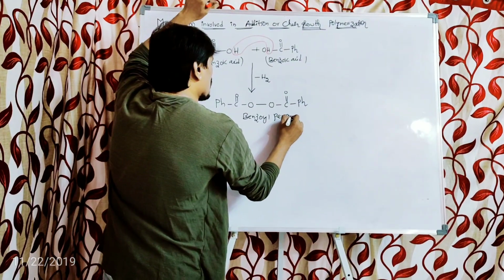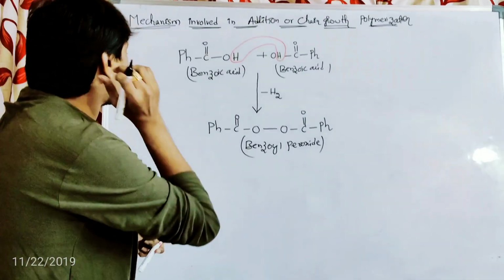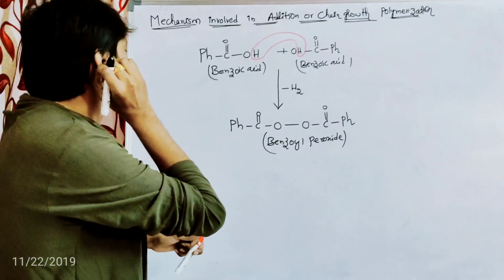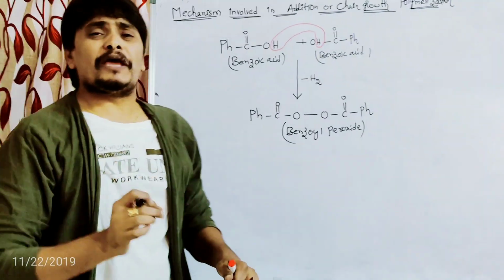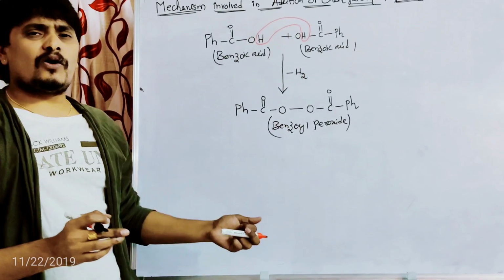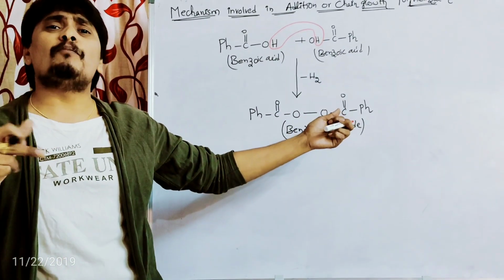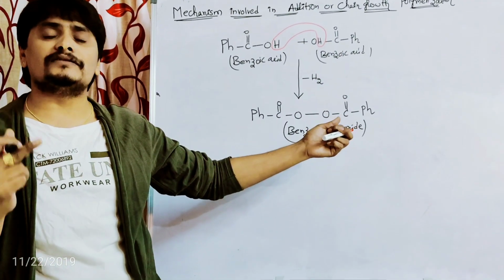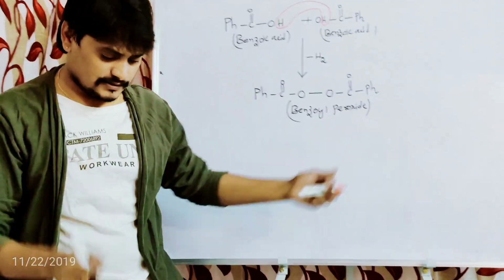So this is how you have to get the structure of benzoyl peroxide, but don't memorize the structure of benzoyl peroxide by writing it on paper 10 to 20 times like that. It's very simple to get the structure of any organic molecule with the help of the structures of known molecules.